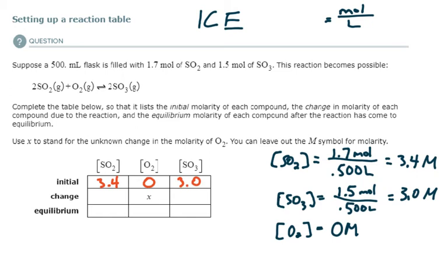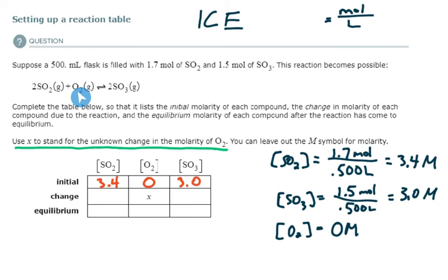Now, in order to predict what the equilibrium concentrations will be, we have to know what the change in concentration will be for each of our substances. How is the concentration going to change as this reaction goes forward? Notice that they say use X to stand for the unknown change in the molarity of O2. We're not told which way this reaction is favored, whether it's favoring the products or the reactants. But X should stand for the unknown change in the molarity of O2. Look at X. X is positive, right?